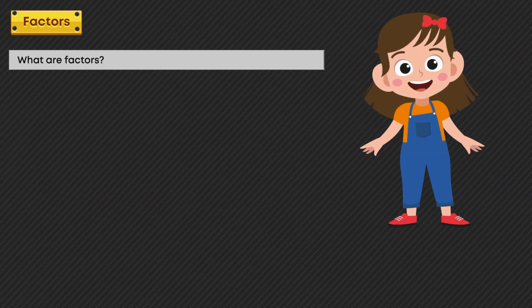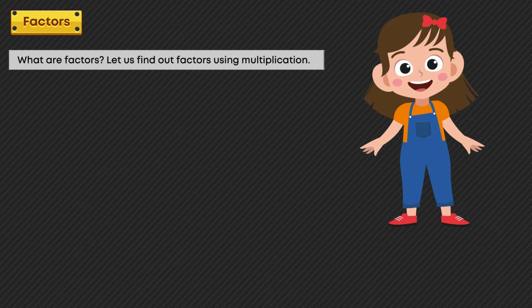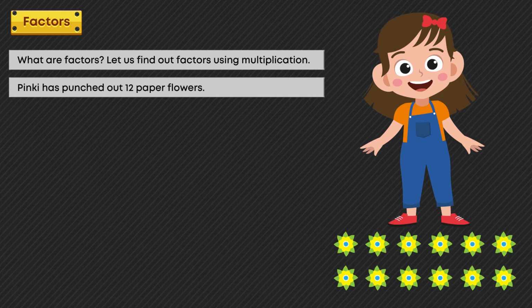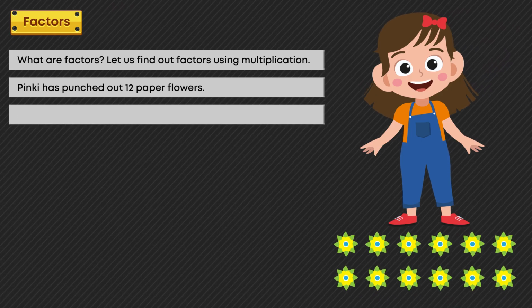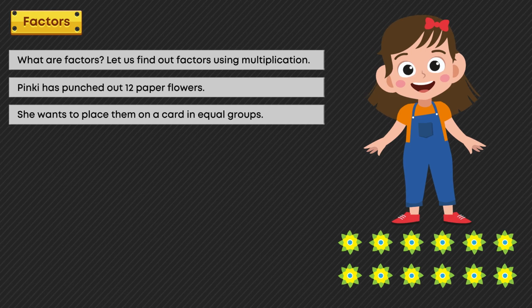What are factors? Let us find out factors using multiplication. Pinky has punched out 12 paper flowers. She wants to place them on a card in equal groups.